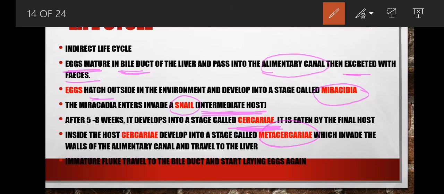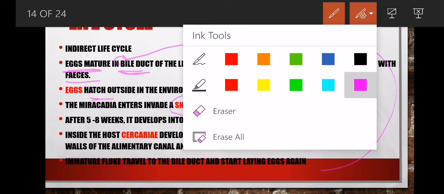Then now the metacercaria is ingested by the animal. Then it moves again and goes to the bile duct, or the liver closer to the bile duct. Let's look at it again.